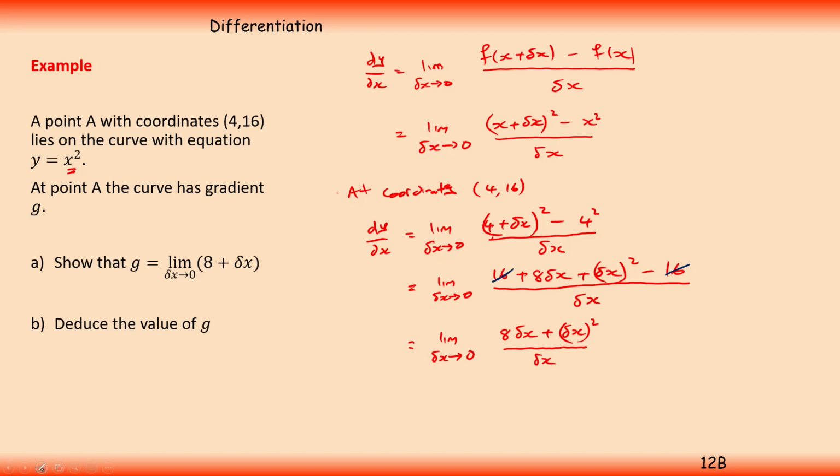And we can cancel our delta x's. So the delta x on the bottom cancels with one up there and one here. And so we're left with the limit as delta x tends to 0 of 8 plus delta x, which is the solution for part A.